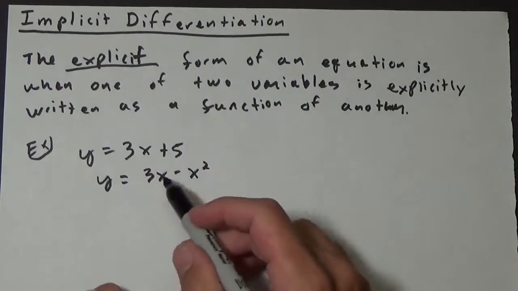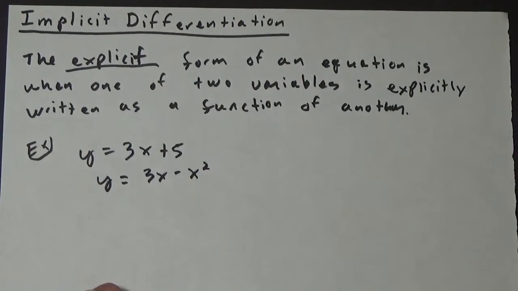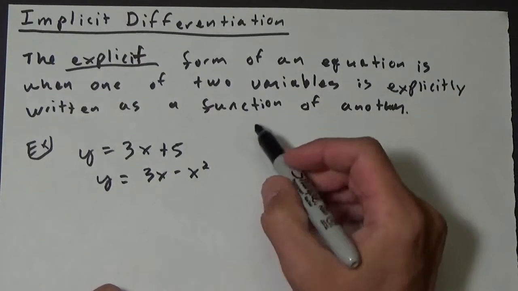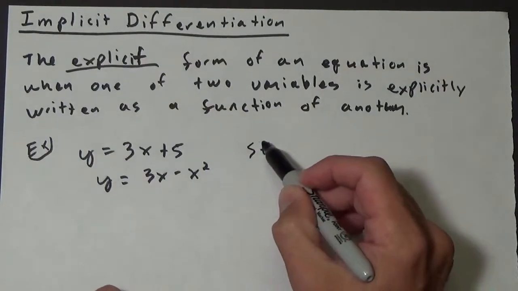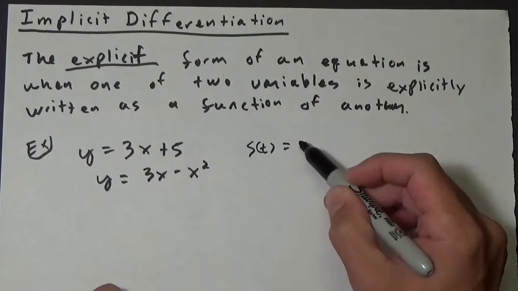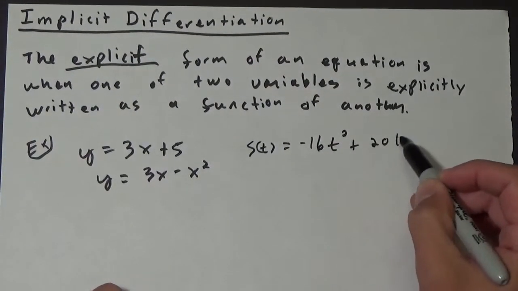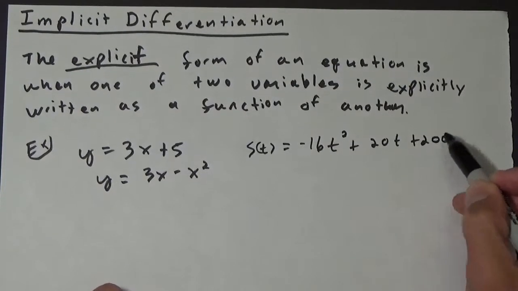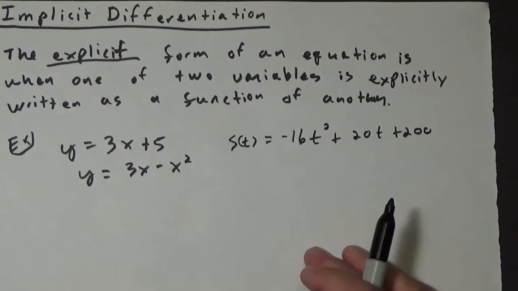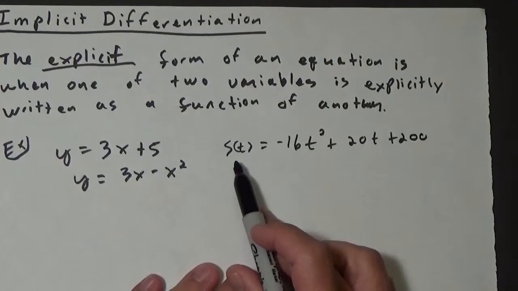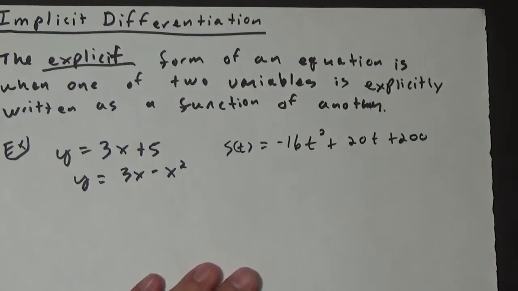Again, the y is explicitly written in terms of x. How about s of t equals negative 16t squared plus 20t plus 200. Okay. s is written explicitly as a function of t.